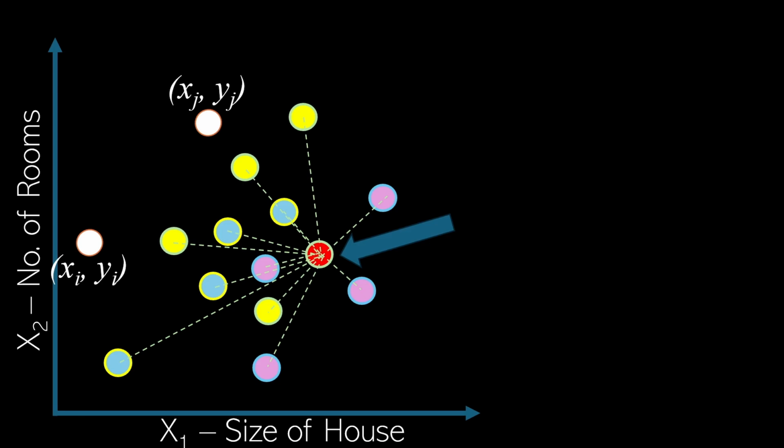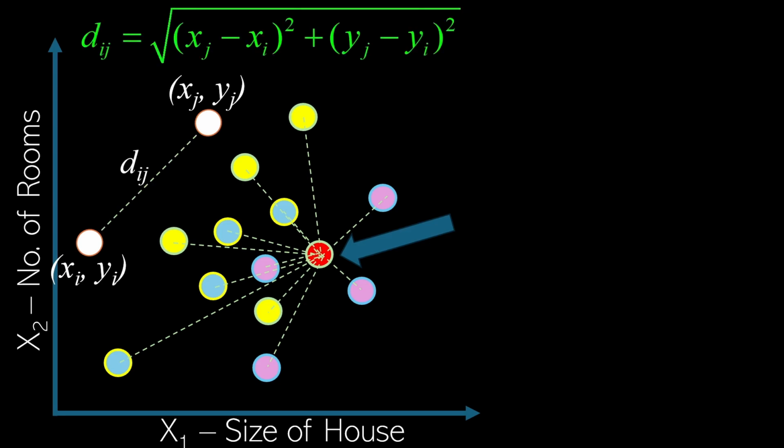If we wanted to compute the distance between i and j, it would be the square root of (xi minus xj) squared plus (yi minus yj) squared. So you can see that xj minus xi is just the horizontal distance between the 2 points, and yj minus yi is just the vertical distance between the 2 points. And then we use the Theorem of Pythagoras to calculate the hypotenuse, and that's how we get the distance.